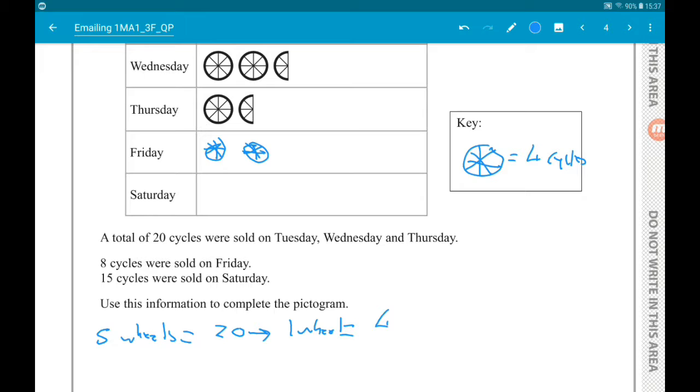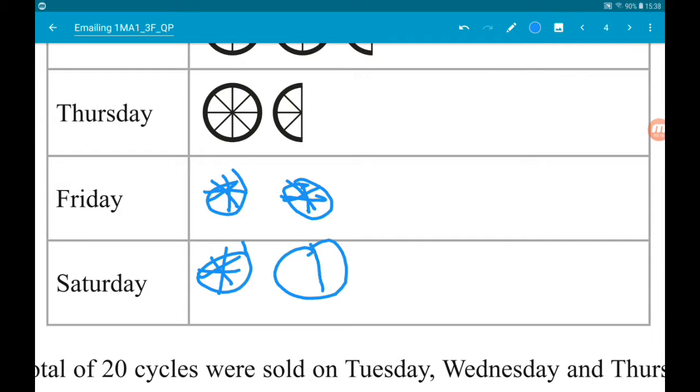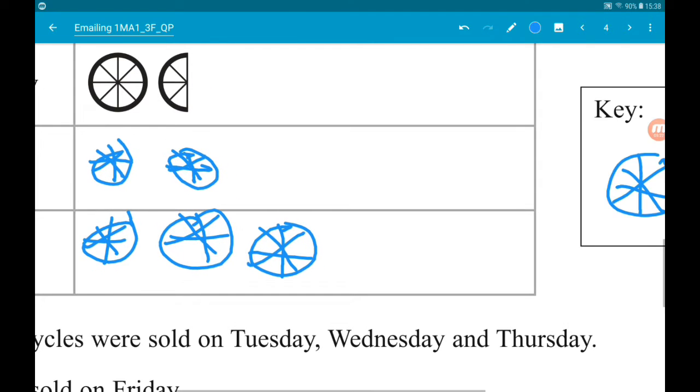So 15 cycles is going to be 3 wheels, which would be 12, and then 3/4 of a wheel to give us 3 more.